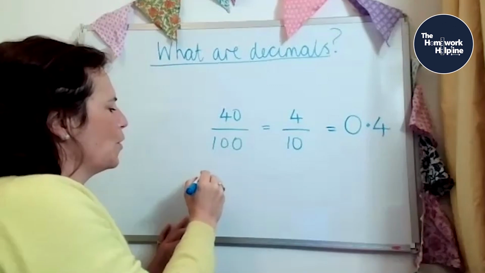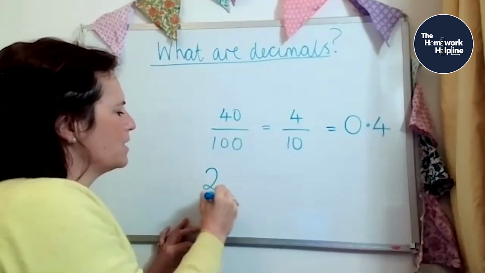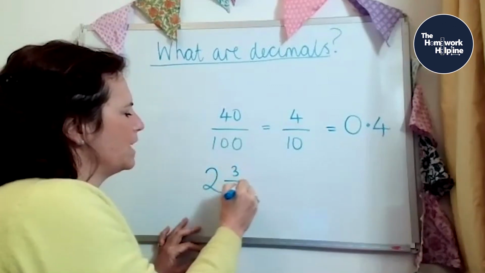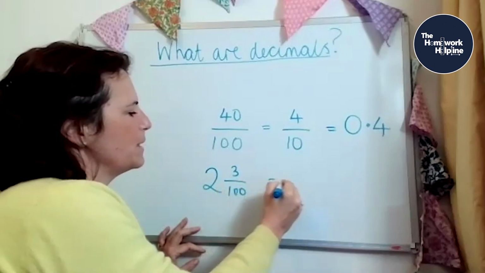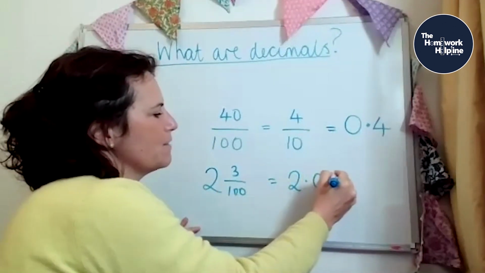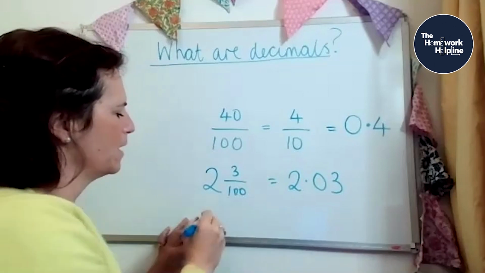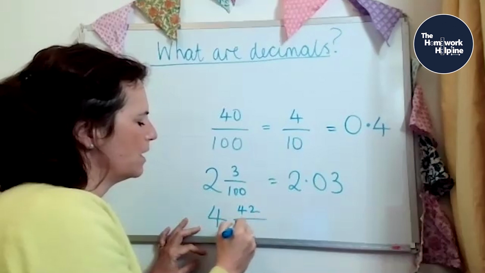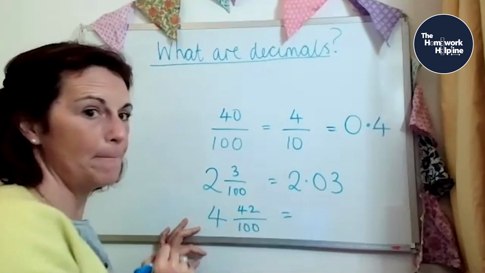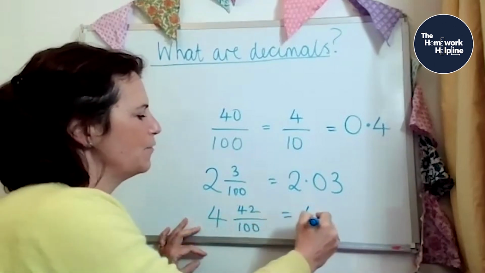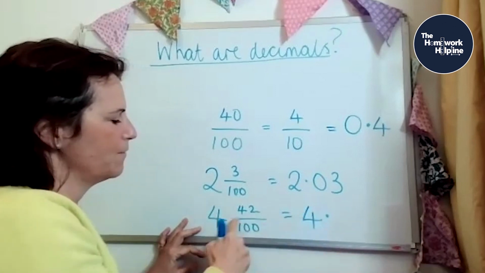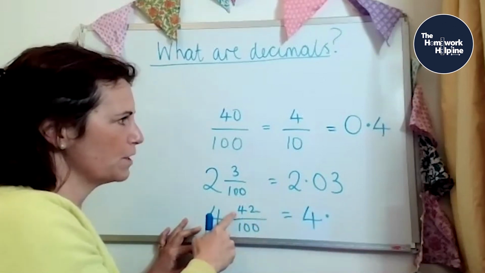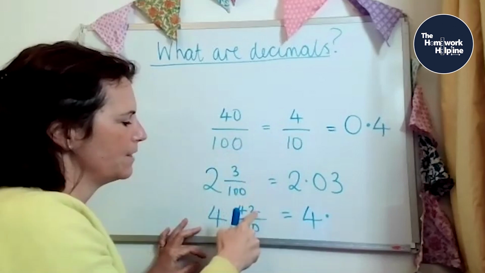Good. So what is 2 and 3 hundredths as a mixed number? It would be 2.03. 4 and 42 hundredths would be, this is getting trickier now, 4.42. 42 hundredths means 4 tenths, remember, and 2 hundredths.